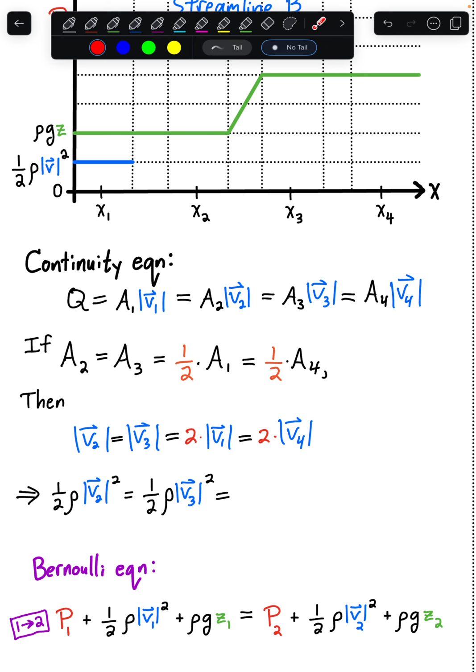But at points 1 and 4, where the pipe is wide and the speed is lower, since V2 is twice V1, if we square V2, then we're squaring 2 times V1. So V2 squared would be 4 V1 squared. So we can write that this is equal to 4 times 1/2 rho V1 squared.